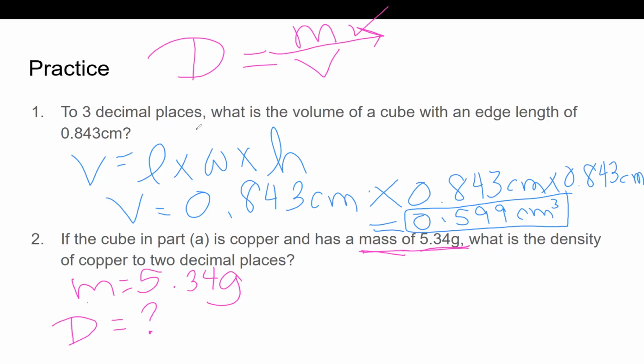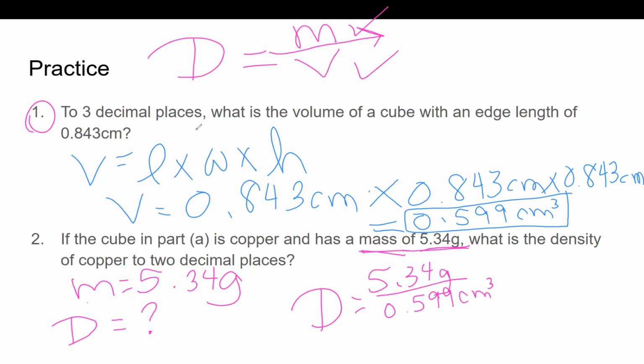We have our mass and we have our volume from part 1 here. So now we can see our density equals our mass, which is 5.34 grams over 0.599 cubic centimeters. So again, in our calculator, a scientific calculator is something that you'll need.